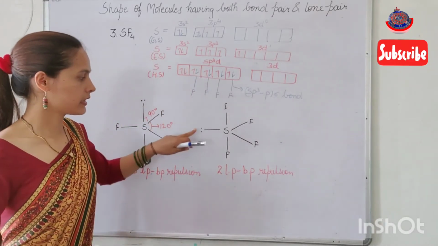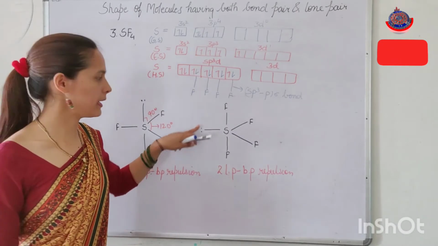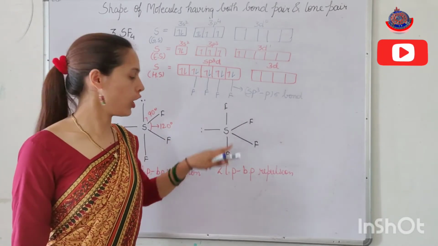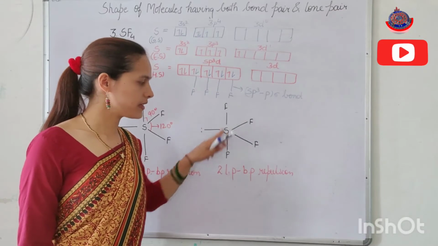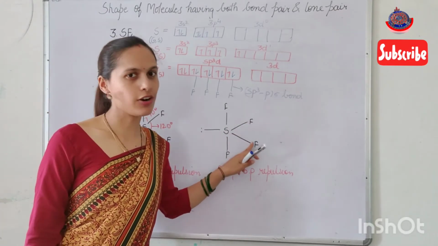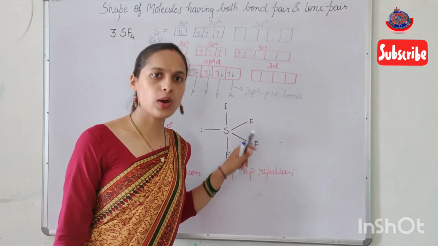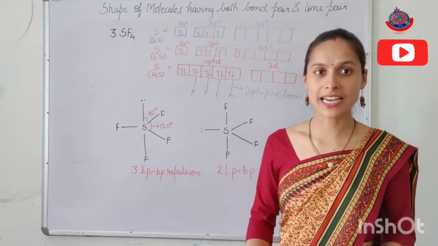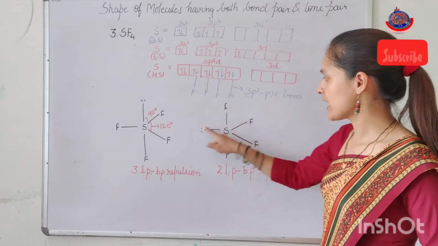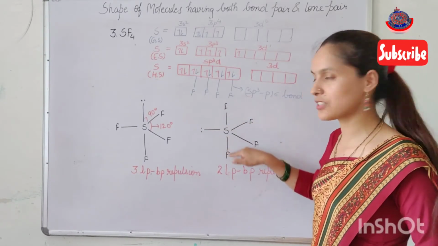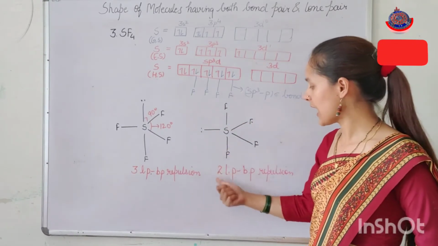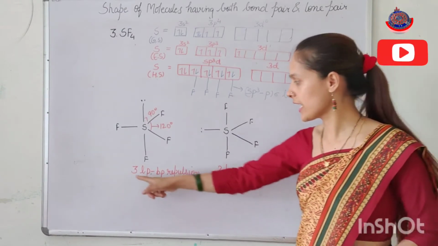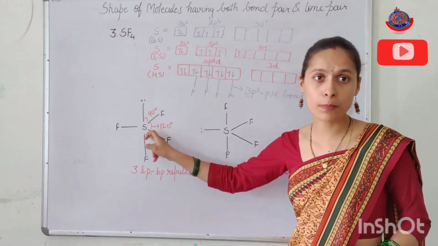Because in this, the lone pair is repelled by either this fluorine or this fluorine, because these two are present at 90 degree. But these two are not present at 90 degree. These two are present at an angle which is greater than 90 degree. So their repulsion we can neglect, but these two repulsions we can't neglect. So here we have 2 lone pair bond pair repulsion. Here we have 3 lone pair bond pair repulsion.